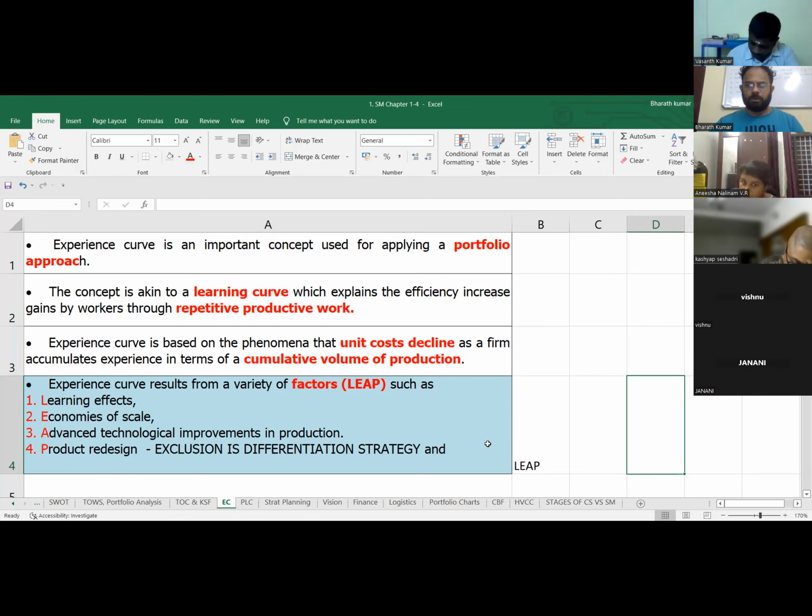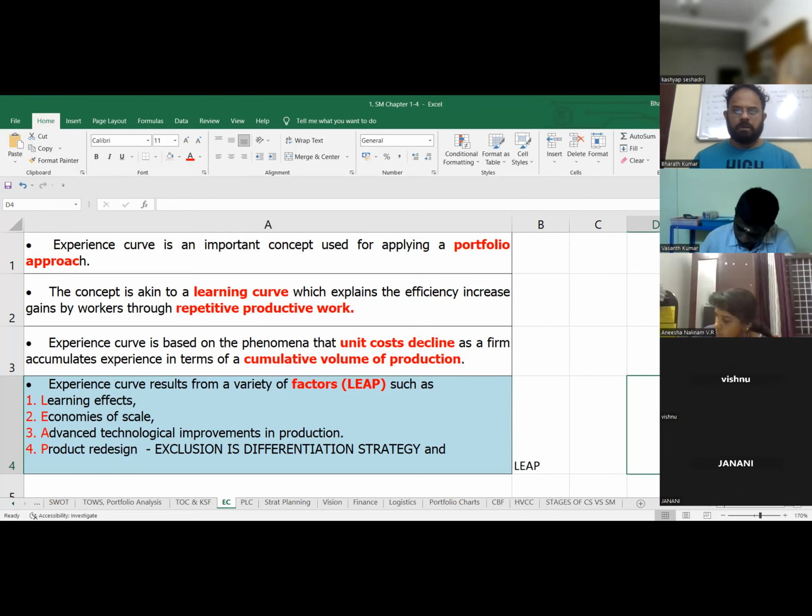So for other people who are in Zoom, Vishnu, Janani, Karunika, Gayatri, Damodaran, are you guys comfortable? Yes, sir. Okay, very good. If it is there in the class, I am absolutely fine, no problem.